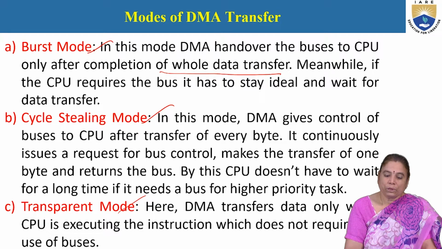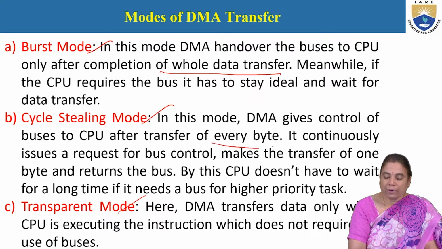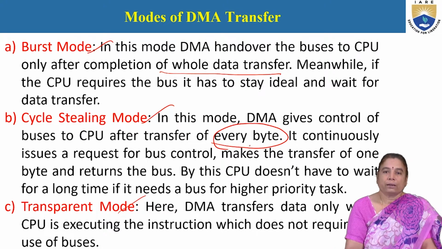The second mode is cycle stealing mode. In this mode, DMA gives control of the buses to the CPU after transfer of every byte. So after transferring every byte of data, it gives control of the buses to the CPU so that the CPU can carry out execution of the instruction.